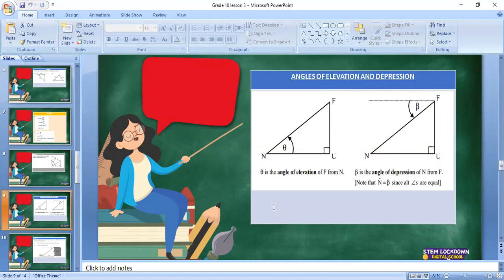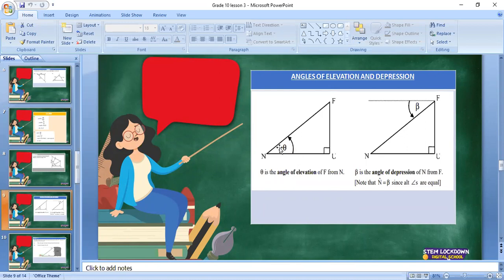So for you to see the mango on the tree, you need to raise your line of sight. You need to raise your head at an angle. You need to elevate. You need to raise your head at an angle for you to see the mango on the tree. The angle between your straight horizontal plane and the side you must look to see the mango is your angle of elevation.